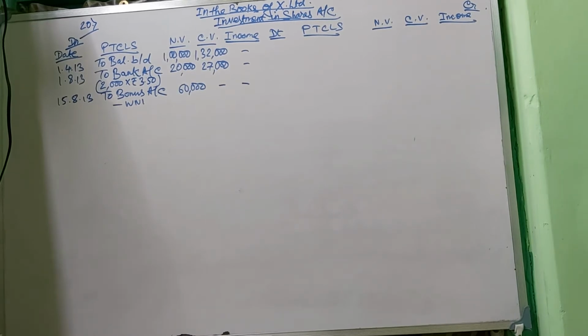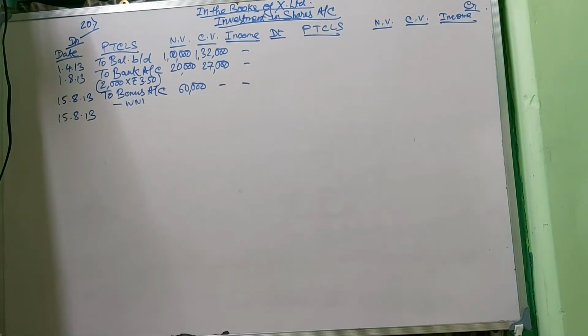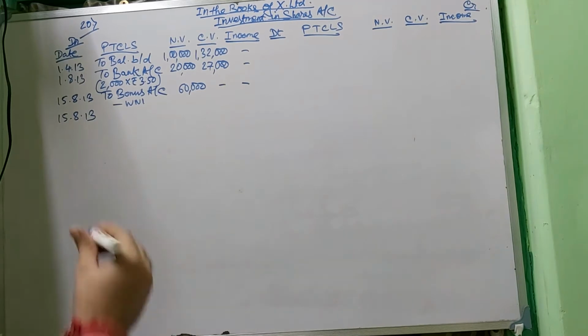On 15 again, we have calculated the right issued in working note 2. So right has been issued and right has been taken over. So nominal value is, you know, the shares we have calculated, 4,000 shares. Rights 4,000 shares at the rate of rupees 13 each. 13 means rupees 3 premium, and rupees 10 is your nominal value.